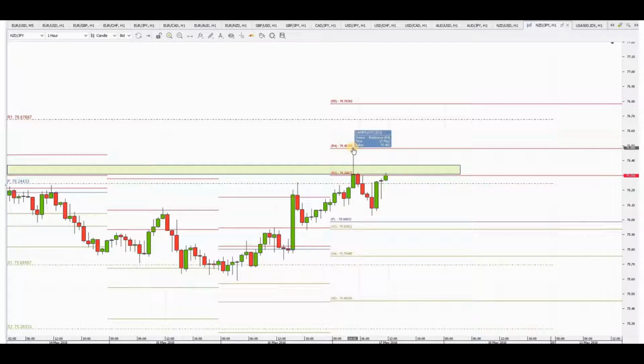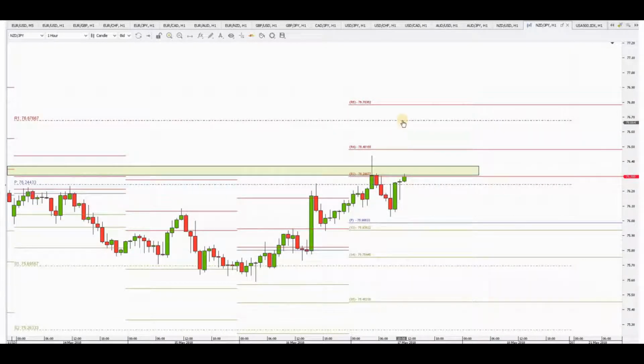The R4 means that it's a long breakout, and the probability is that it will go higher, which means that I would wait for the candle to break above, then retrace or retest this level.